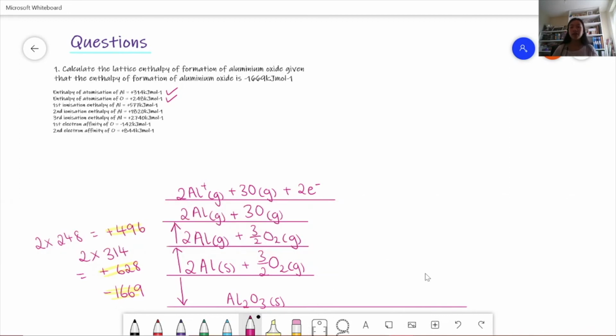Because the first ionization enthalpy is only measured for 1 aluminium and we've done it for 2 aluminiums, that means we need to times the number by 2. So we draw the up arrow, and then we need 2 times 577, and that equals 1,154.